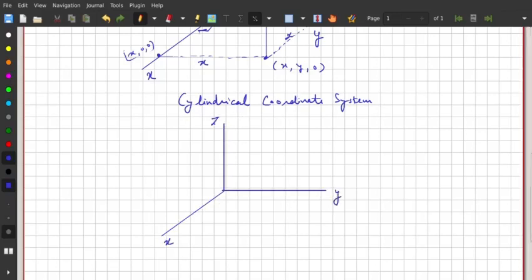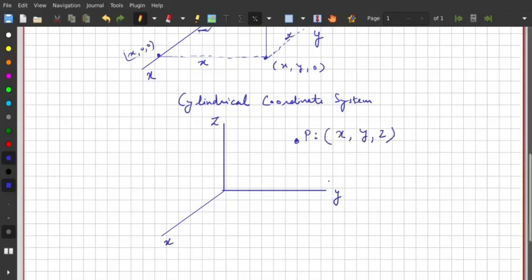X, y, z, that is our general Cartesian coordinates, and let's say we have our point P, whose Cartesian components we know are given by x, y, and z.